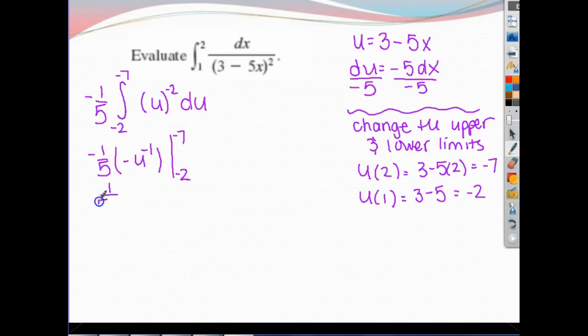So we get 1 over 5u from -7 to -2. So we get 1 over -35 minus 1 over -10. Which, as a decimal, is 0.0714, so it's super tiny.